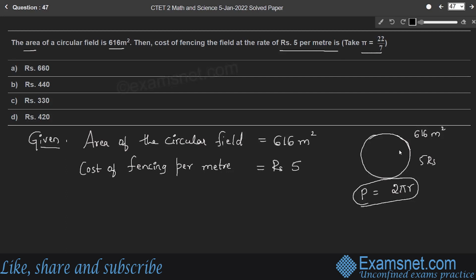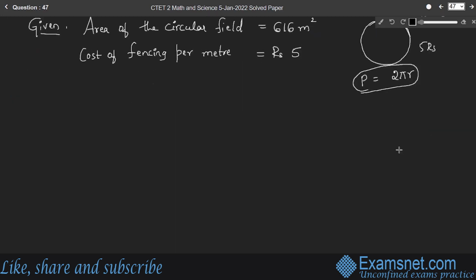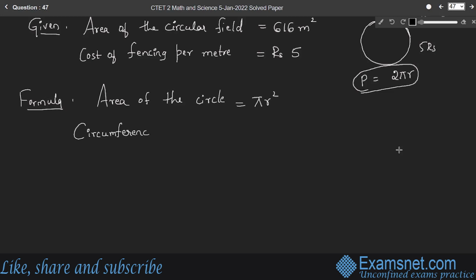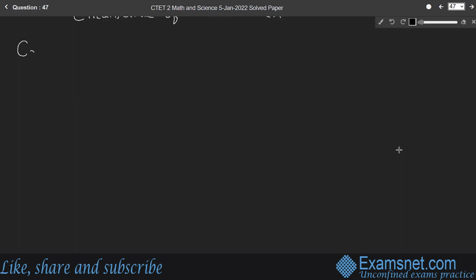So here concept used is area of the circle and circumference of the circle. So formula to be used: area of the circle is equal to pi r square, and circumference of the circle is equal to 2 pi r for calculation.